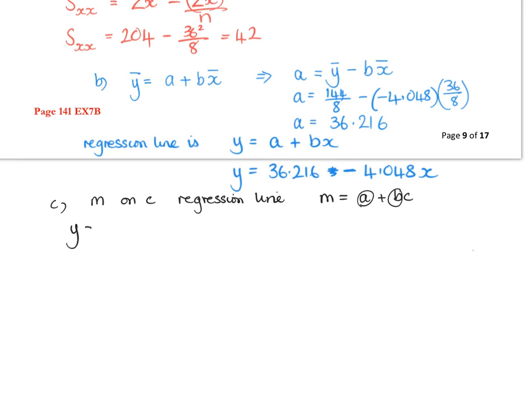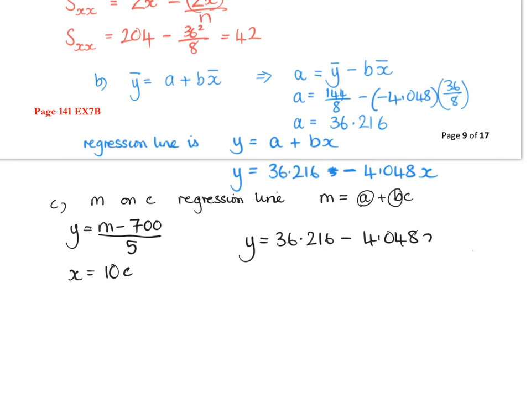So your y was equal to m minus 700, all over 5, and your x was equal to 10c. So if we go back to our original regression line, it was y equals 36.216 minus 4.048x. If we now replace x and y and then rearrange the equation to make m the subject, then we should get it back to where we started when it was uncoded.